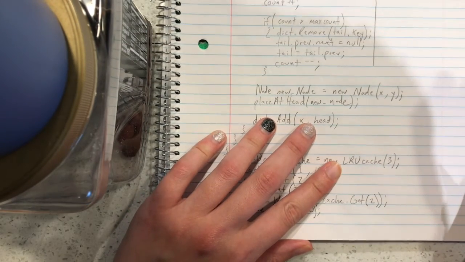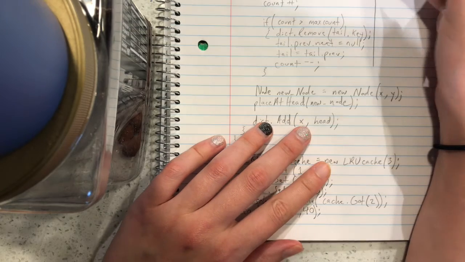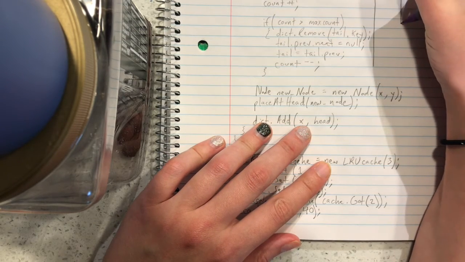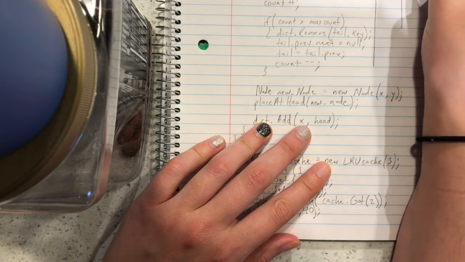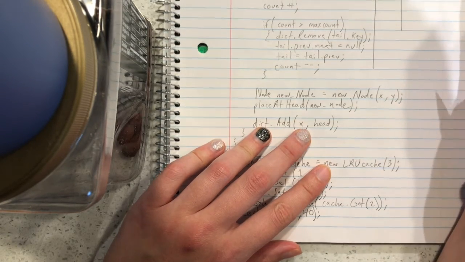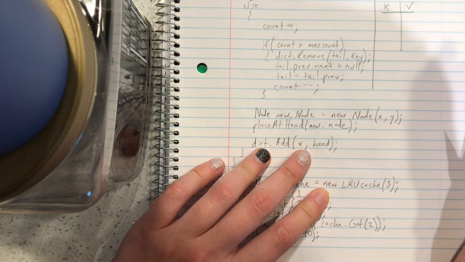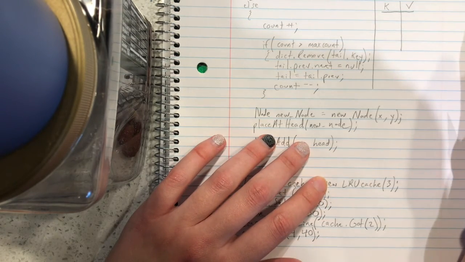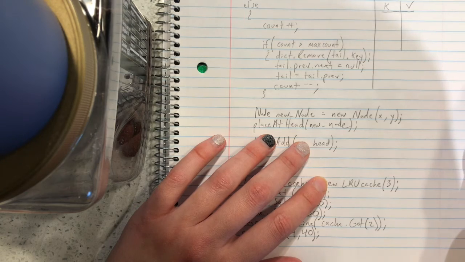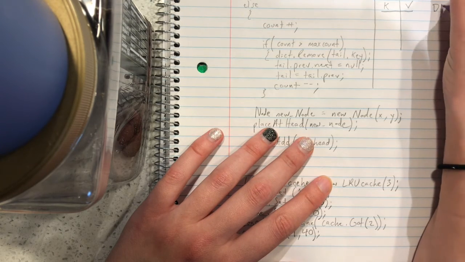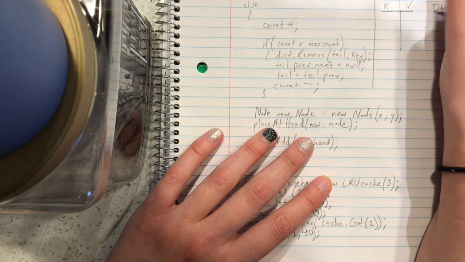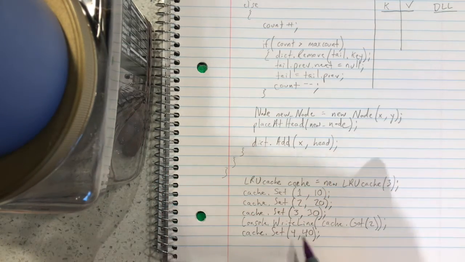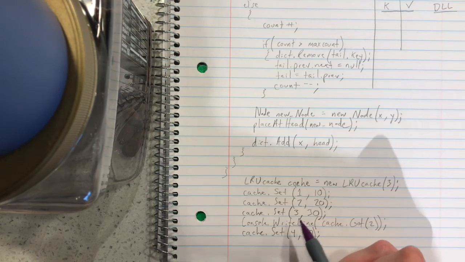So let me draw out our dictionary and our doubly linked list. And let's get started with what's going on here.